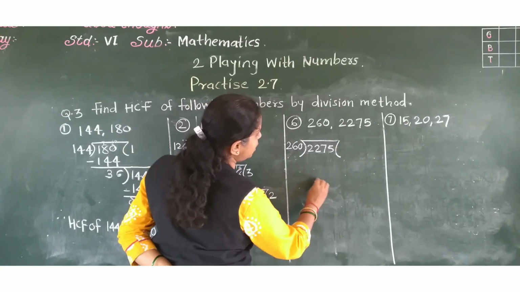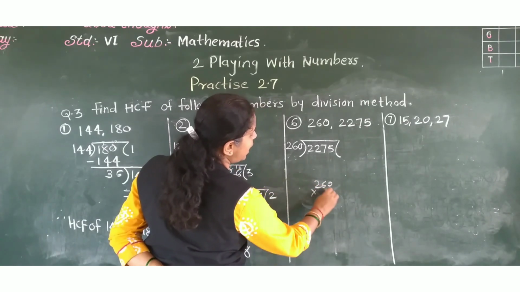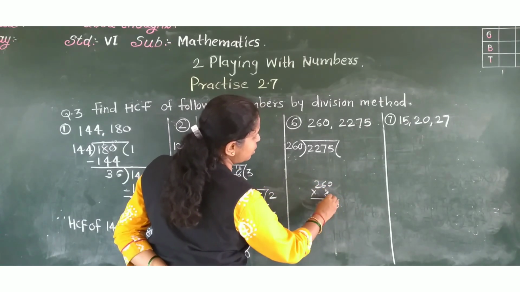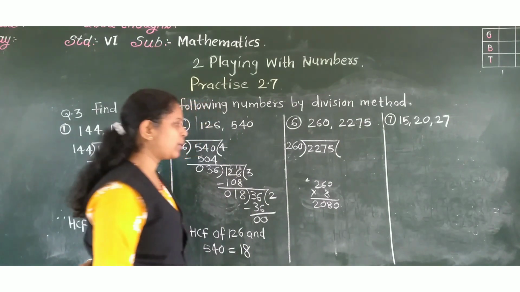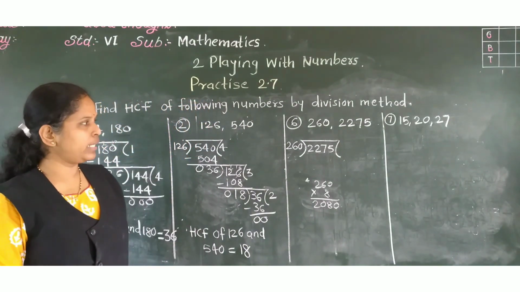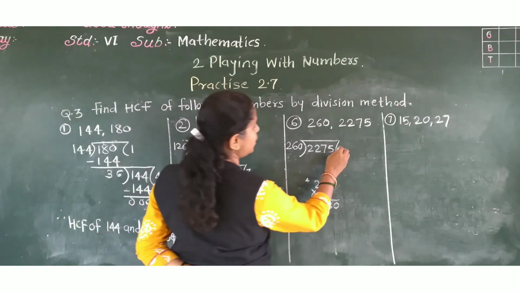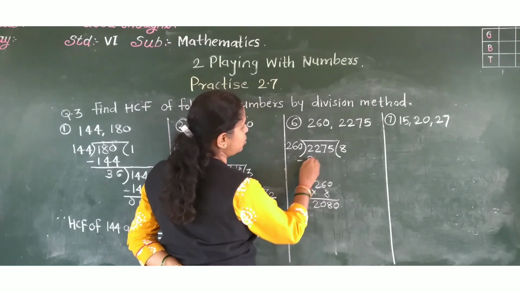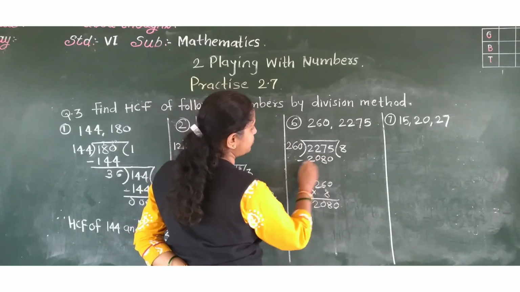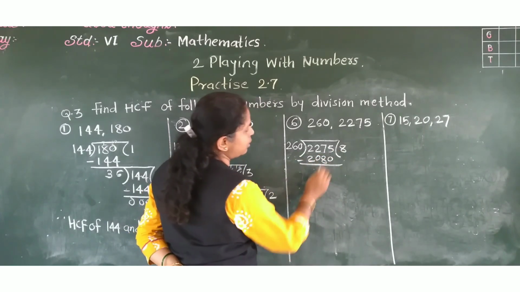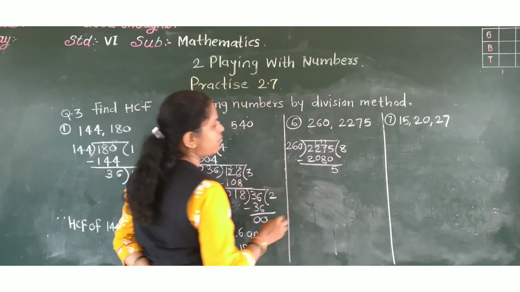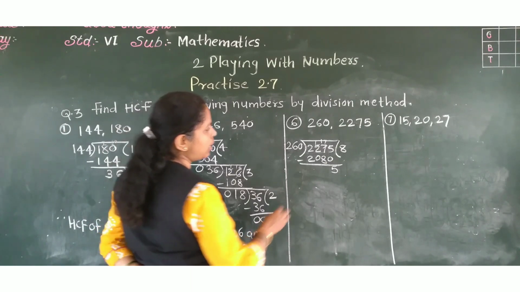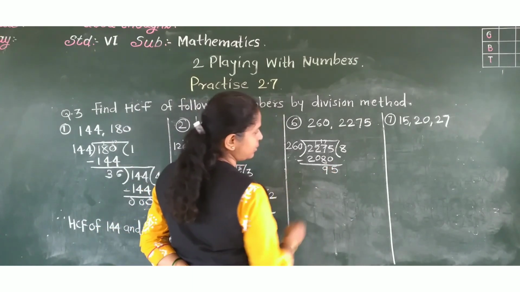So 260 into 8 we will do. 8 zeros are 0. 8 6s are 48, carry 4. 8 2s are 16 plus 4. Okay. 2080. 260 8s are 2080. Now 5, this 7. Here 1. 17 minus 8 is 9. Correct?